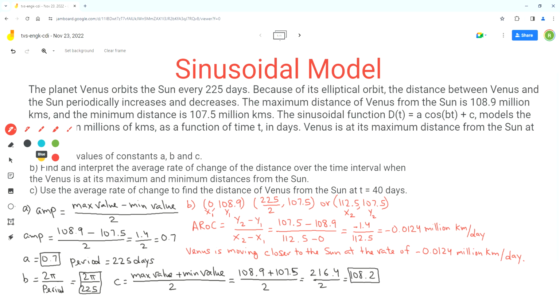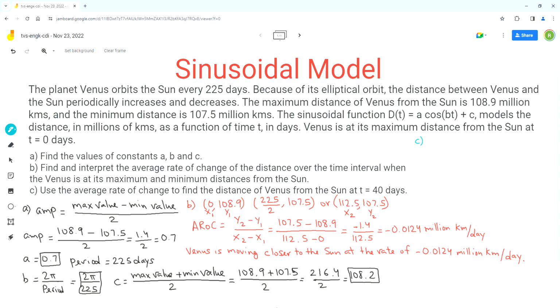Now we can analyze part C. As per part C, we have to use the average rate of change to find the distance of Venus from the Sun at t equals 40 days. The first step is to use the average rate of change to find the distance Venus will get closer to the Sun over the period of 40 days. The rate of change tells us the distance Venus gets closer to the Sun every day.